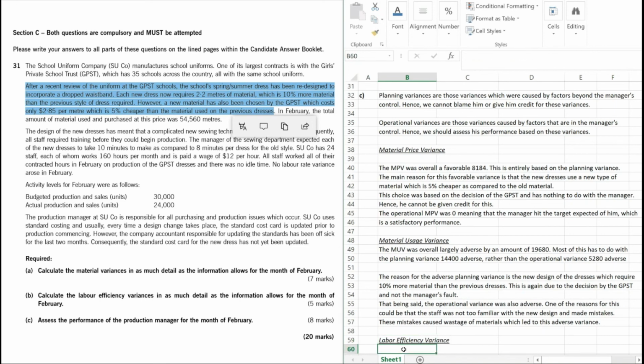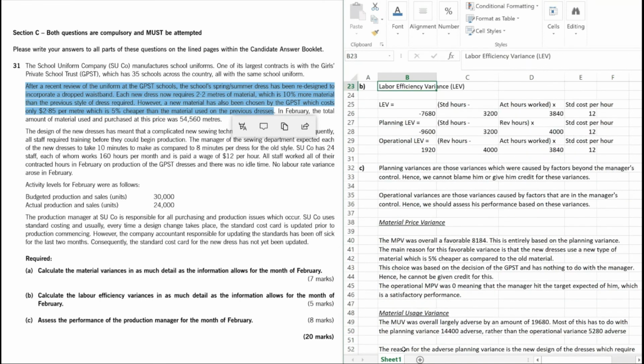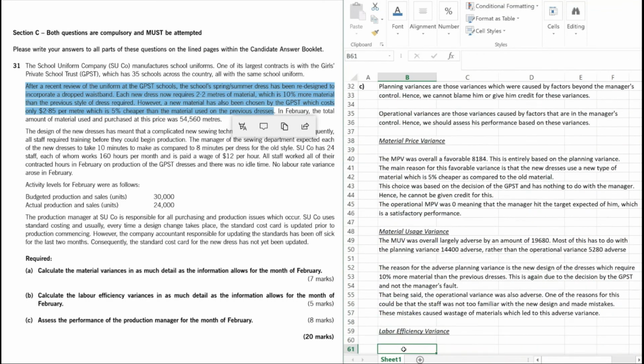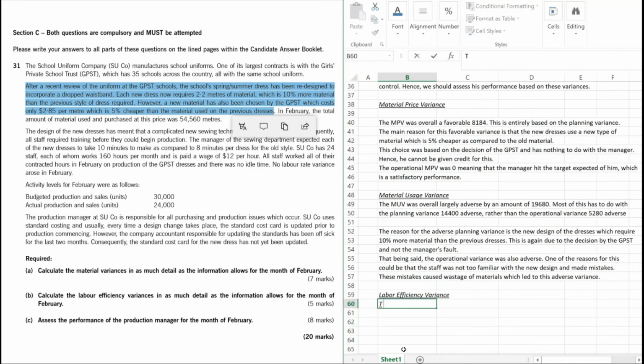once again let's start with the overall picture. So what was the overall picture? That the labor efficiency variance was adverse 7,680.